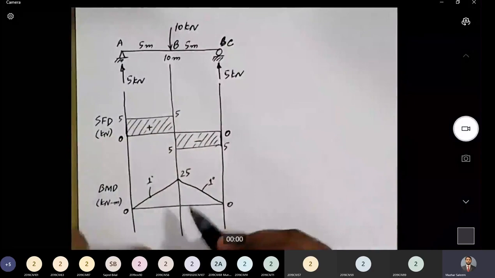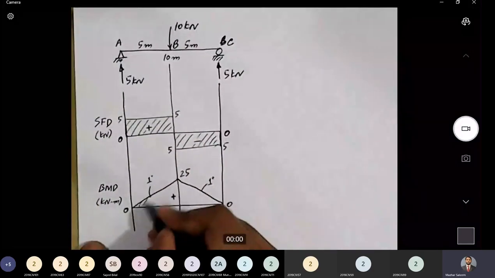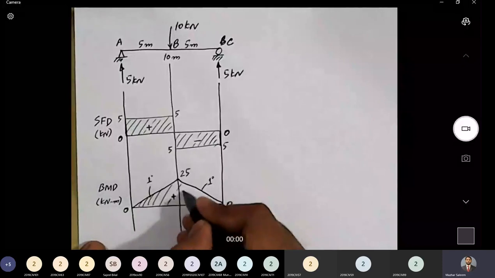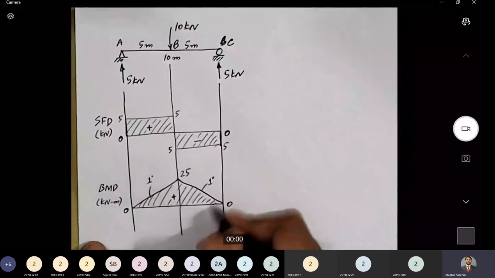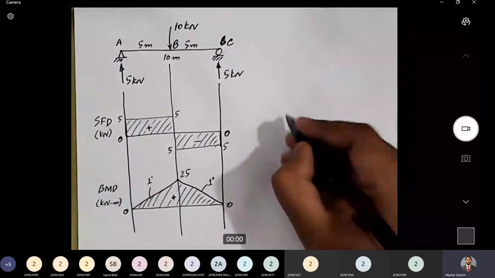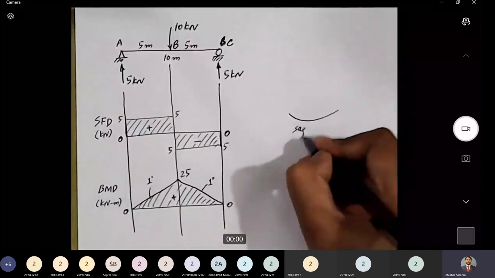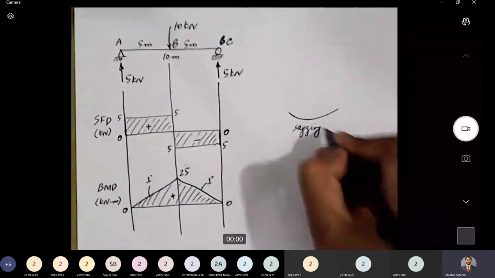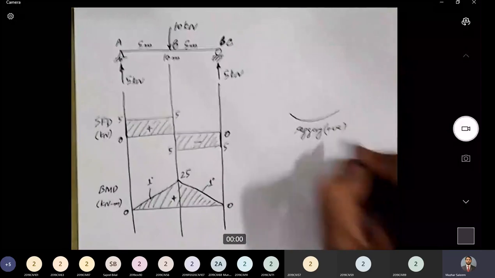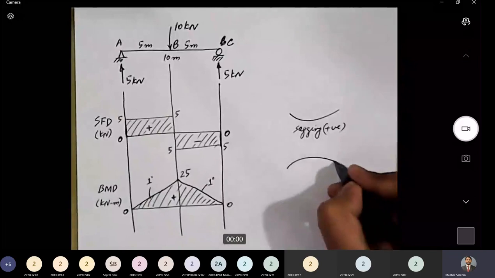Anyways, so this is the bending moment diagram, and the entire bending moment diagram for this beam is positive. Now, if you recall, our convention for bending moment is, we said that this type of bending is termed as sagging, and our convention is that sagging is positive, and this type of bending is termed as hogging.